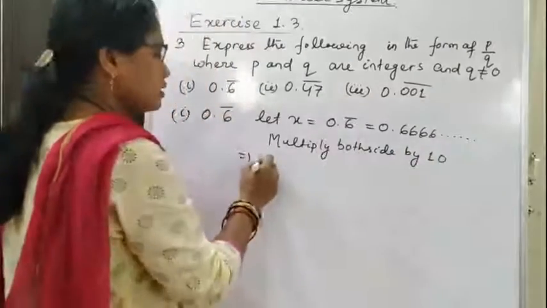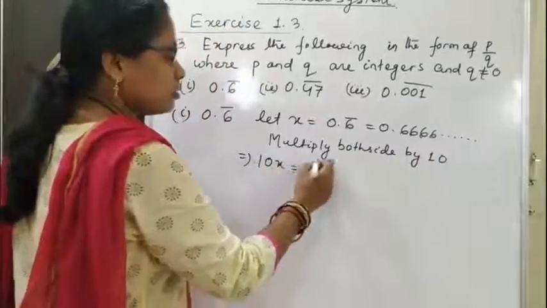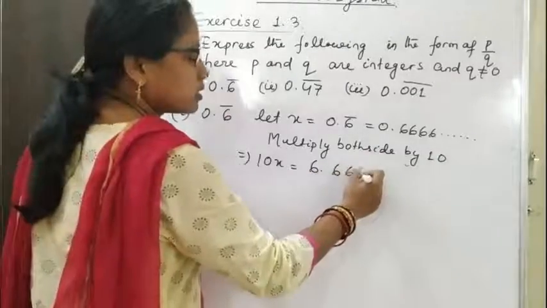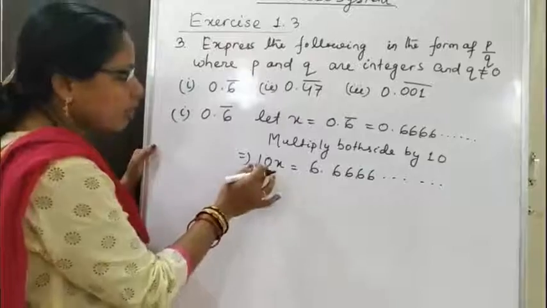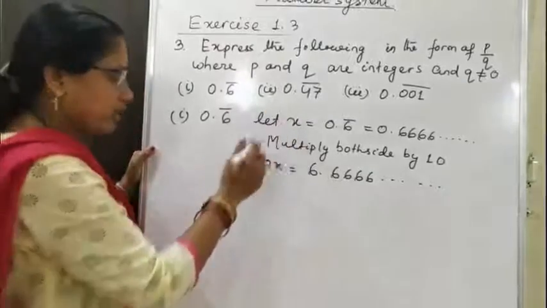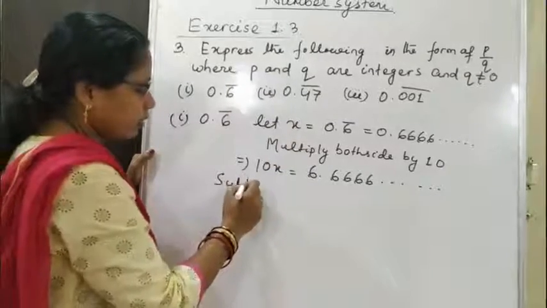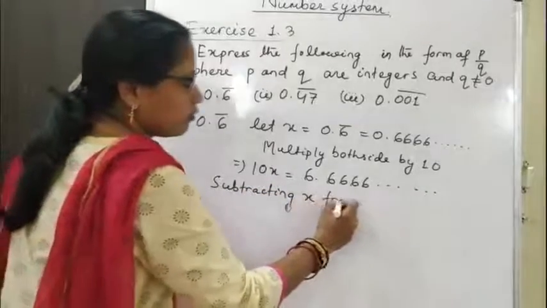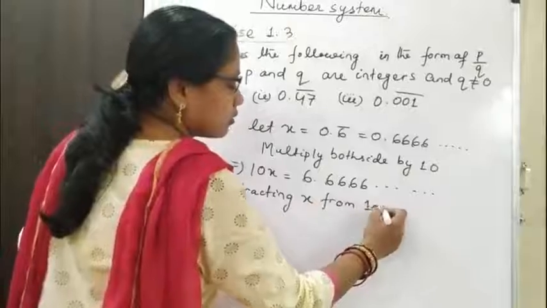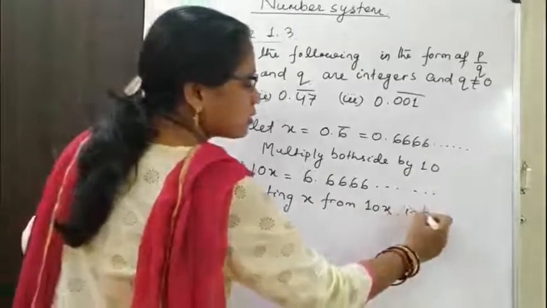So this implies 10x is equal to 6.666 up to infinity. Then subtract x from 10x, in both sides.